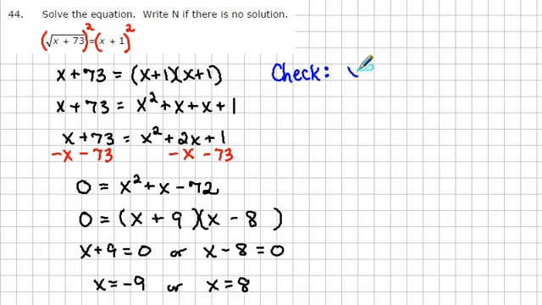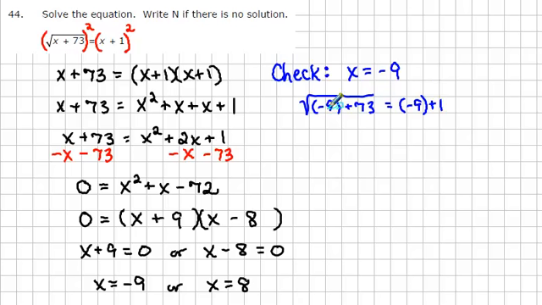We'll start off with x is equal to negative 9. So we go to our original equation and we substitute negative 9 for each x. So we get the square root of negative 9 plus 73 is equal to negative 9 plus 1.